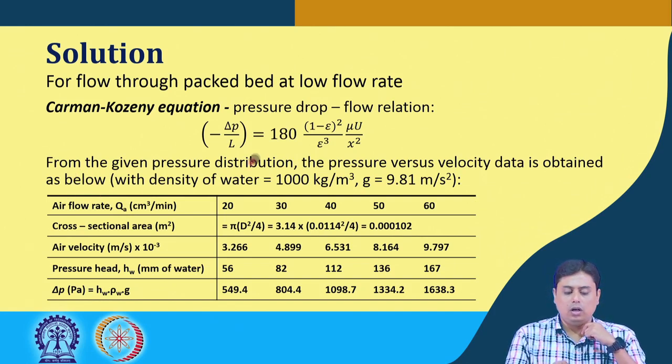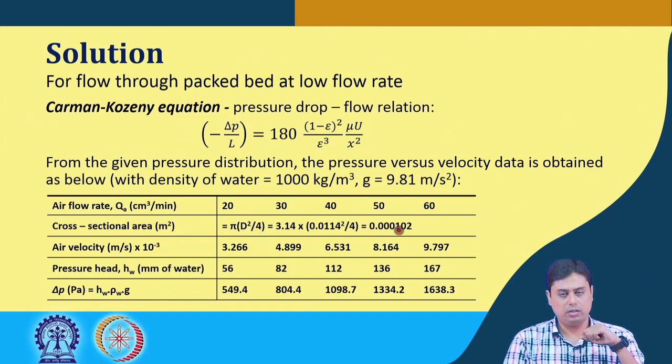So that means the air flow rate is given, and the cross sectional area we can find out because the diameter of the cylindrical apparatus is mentioned. If we have this, we can convert this air flow rate to air velocity, the superficial velocity. I have not shown all the detailed steps, but what can be done is that this cc per minute, centimeter cube per minute, should be converted at first to meter cube per second.